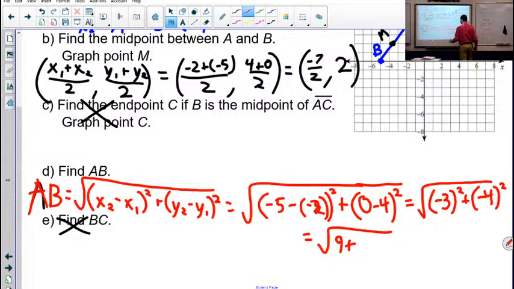Plus, same thing for -4 times a -4 is a positive 16. So we have 9 plus 16 is 25. So square root of 25 is 5. So 5 is our distance from A to B.